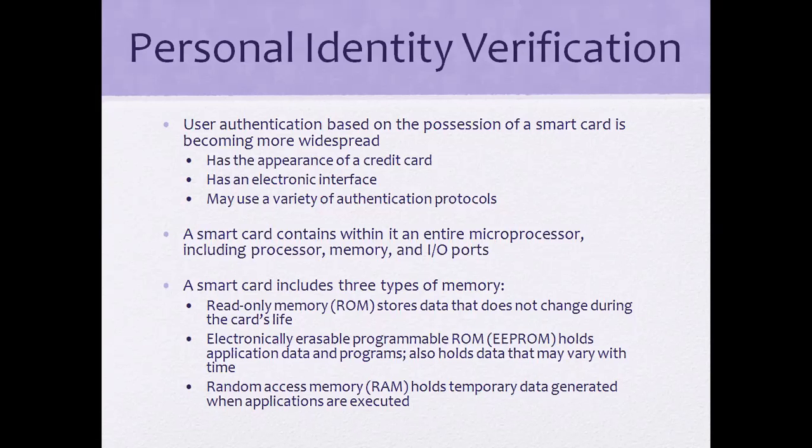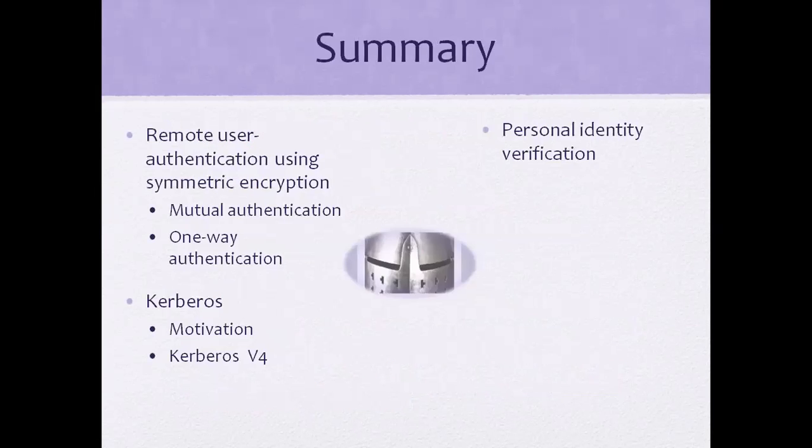Coming to the summary, we have seen remote user authentication using symmetric encryption, that means mutual authentication and one-way authentication. We also saw the motivation for Kerberos, why we require it, and the four requirements. Kerberos came from MIT.